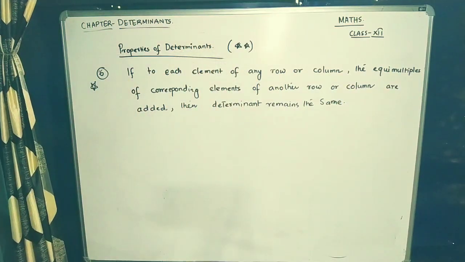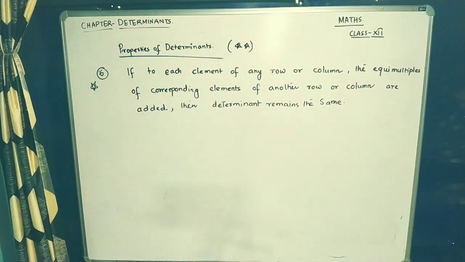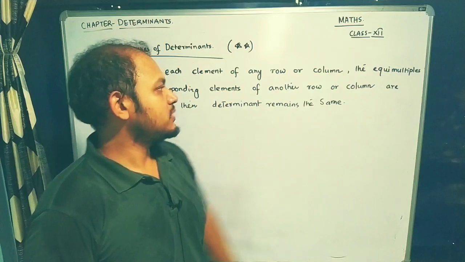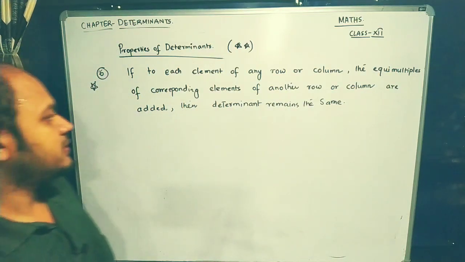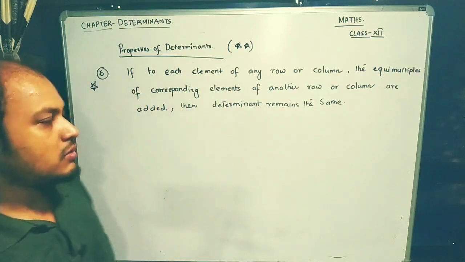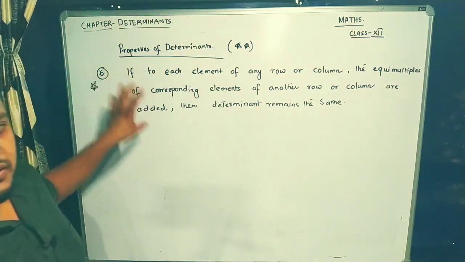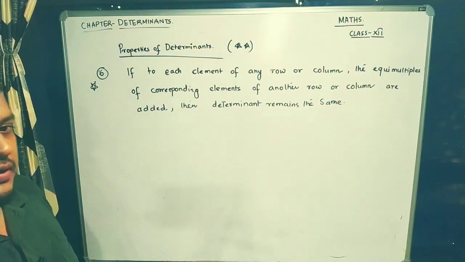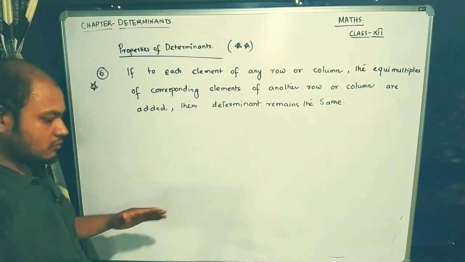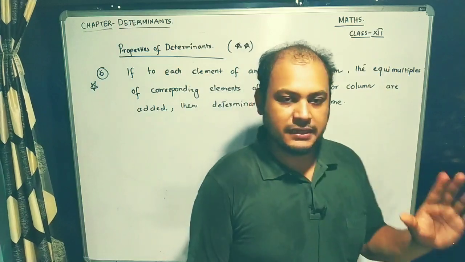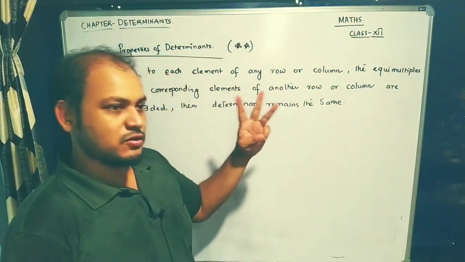Okay, so this is the last property from the properties of determinants, and it tells you that if to each element of any row or a column the equimultiples of corresponding elements of another row or column are added, then the determinant remains the same. So this is quite lengthy and very difficult to understand, but how can I explain it in an easier fashion? Let us recall history. In elementary row column operations you have three types of operation, right?